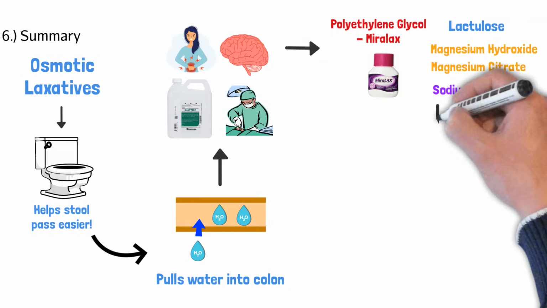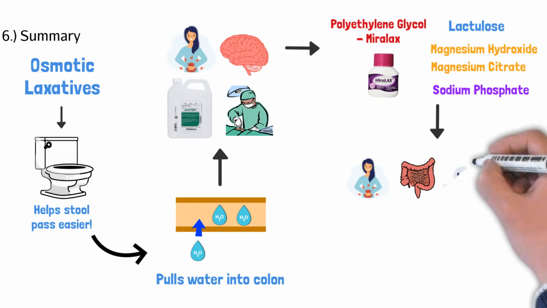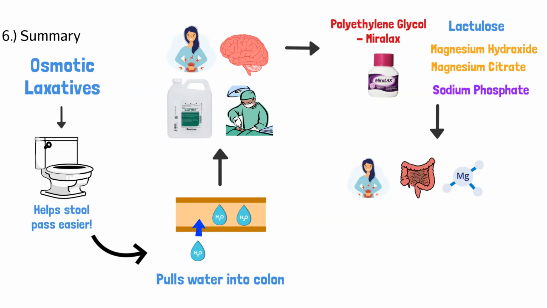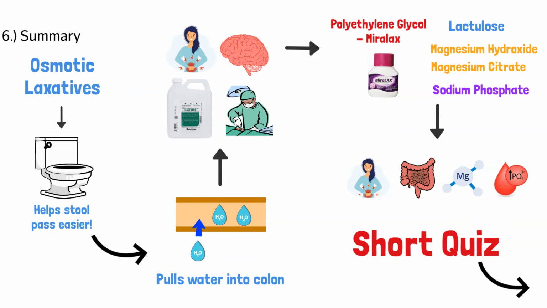Now, these drugs also have some side effects, right? Cramping, bloating. You also have diarrhea if you take too much. If you're renally impaired, you have that hypermagnesium level in your bloodstream and then that hyperphosphate level in your bloodstream, right? So you want to avoid these products in renally impaired patients. So that's everything we talked about. Let's take a short quiz to see what we retained.